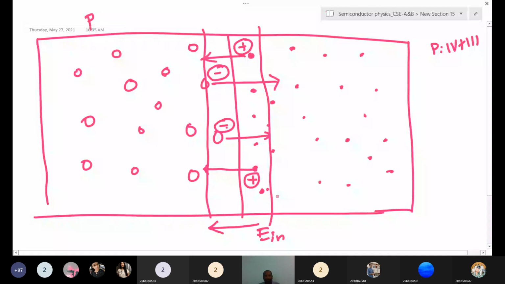Because of this sweeping, we call this region the depletion region. Depletion region means sweeping of the charge carriers.